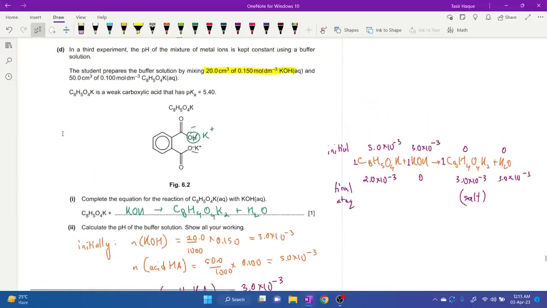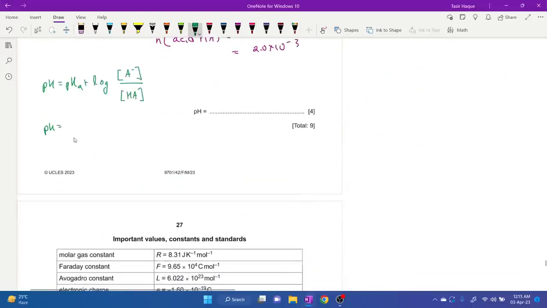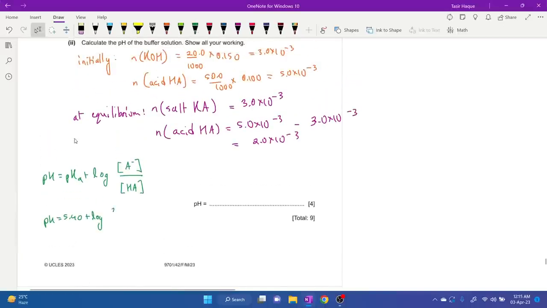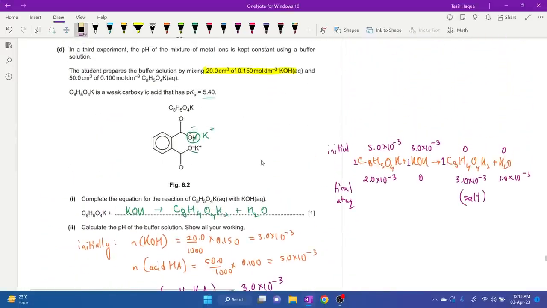It is 5.40, as you can see over here. So that's 5.40 plus log base 10. What is the concentration of the salt? It's basically 3 into 10 to the power minus 3 divided by 2.0 into 10 to the power minus 3, the acid concentration. Let's do this. I know that these are the moles, and what is the net volume?